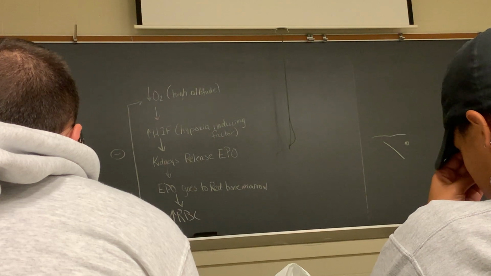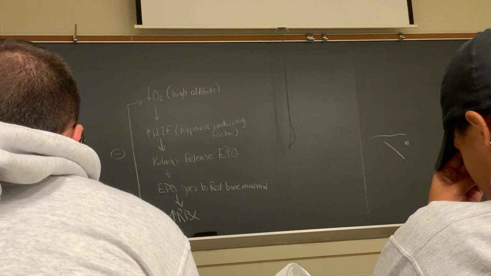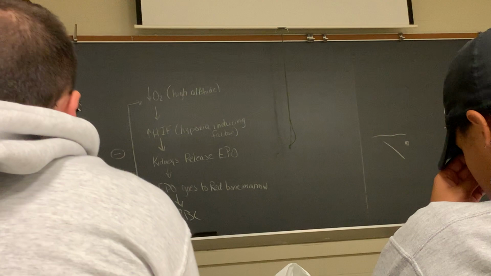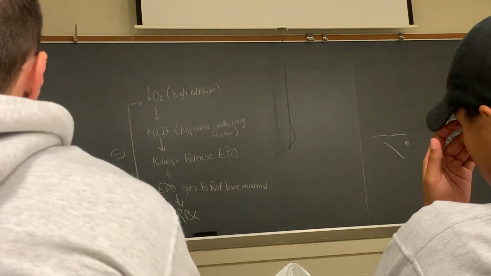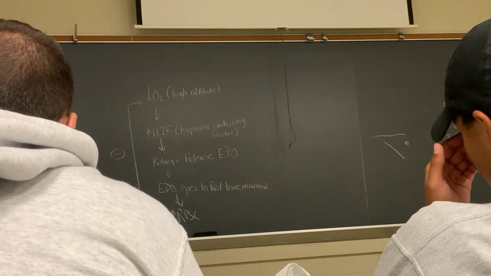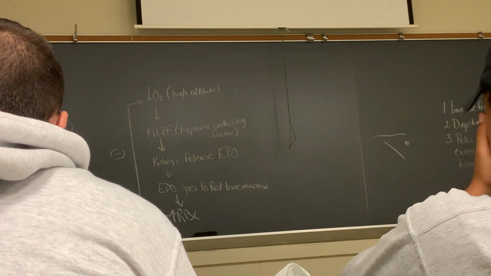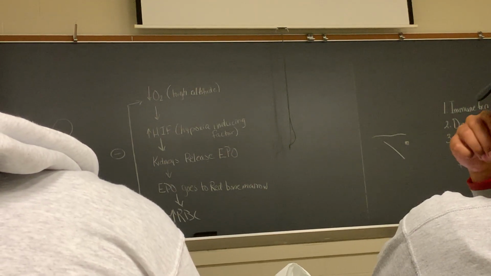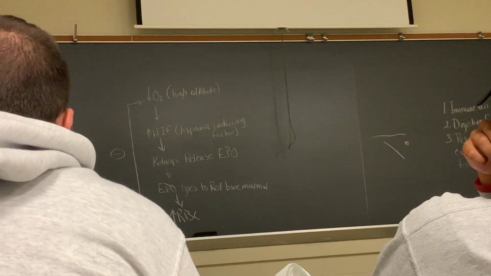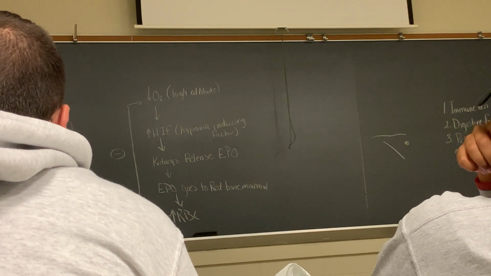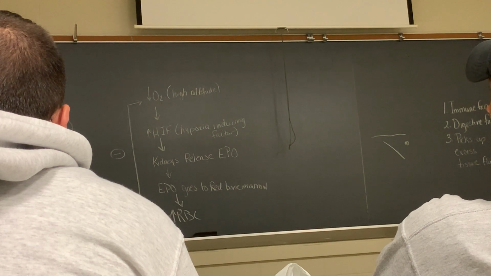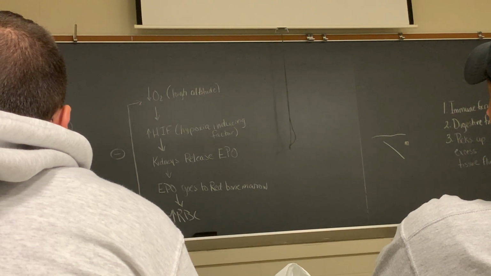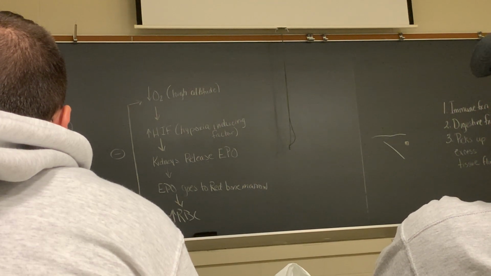So hemoglobin has 4 globin chains, which I'm going to just draw here simply as circles. In the center of each globin chain, we have a little ring-like structure, which is red in color.